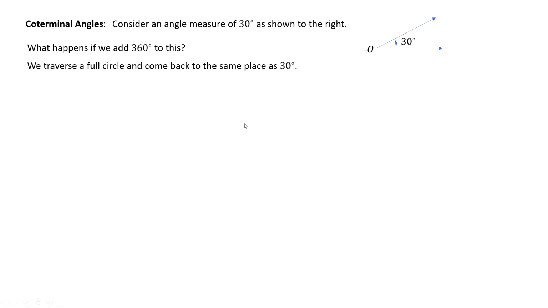We traverse a full circle and come back to the same place as 30 degrees. Is that a big deal? Yes, it is a big deal. Both 30 degrees and 30 degrees plus 360 degrees, which is 390 degrees, terminate at the same place.